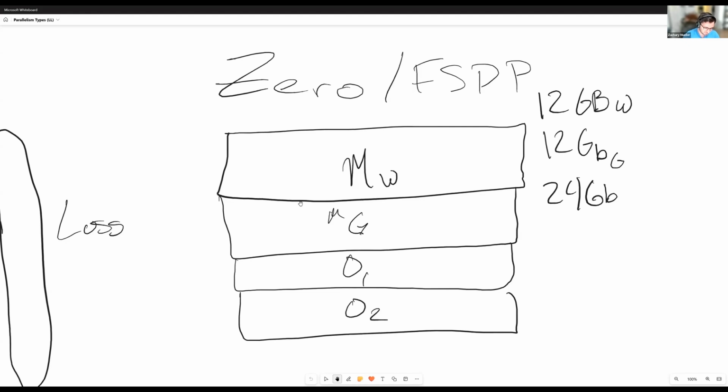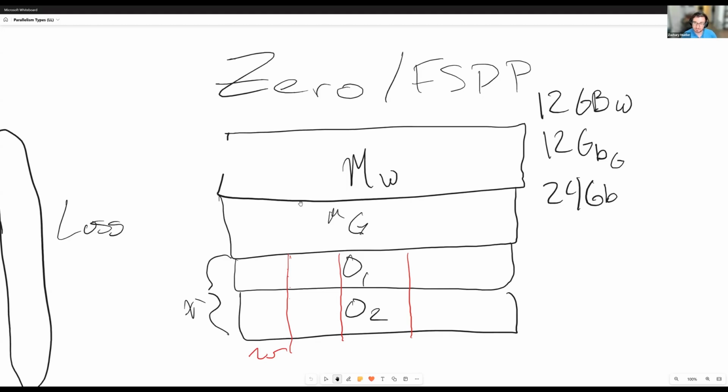The first stage, actually, that's incorrect. We want to start at the bottom, not up here. The first stage is ZeRO-1. And the idea is you take your optimizer states specifically, and we shard them across GPUs so that each GPU only has a tiny amount of memory that's being used.